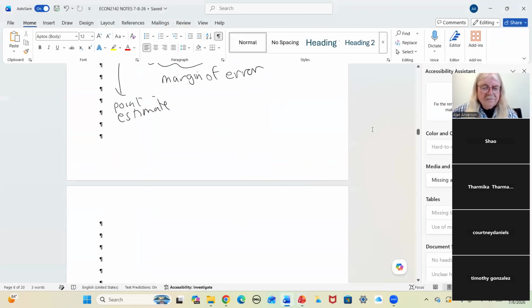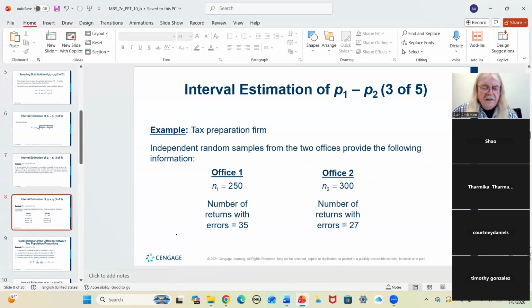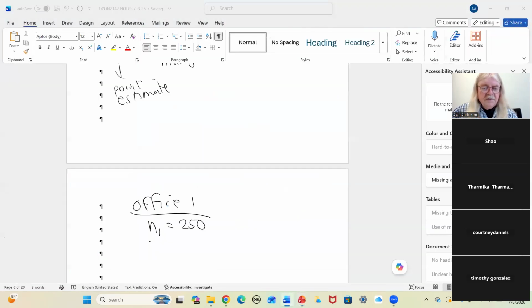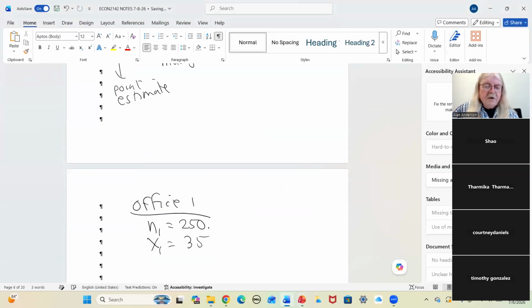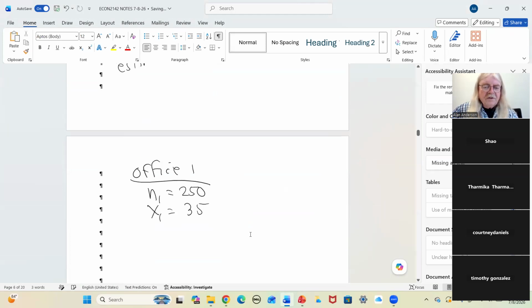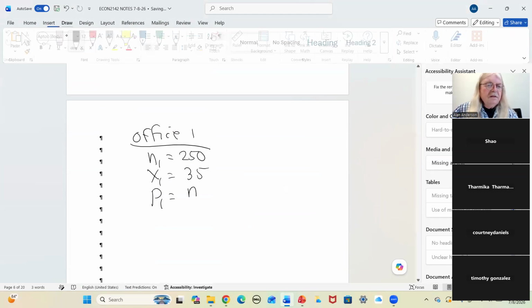Office one. N1 is 250. The number with errors, we're going to call that X, is 35. And so P1, the sample proportion, is the ratio of these two numbers.